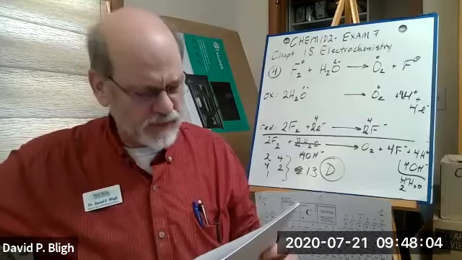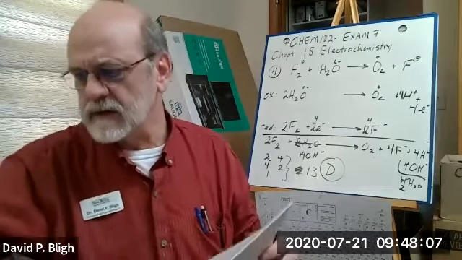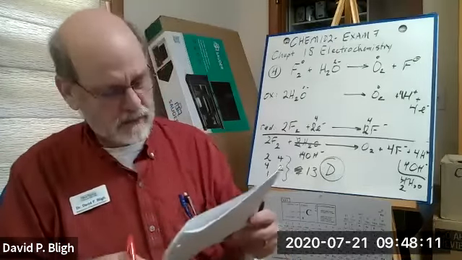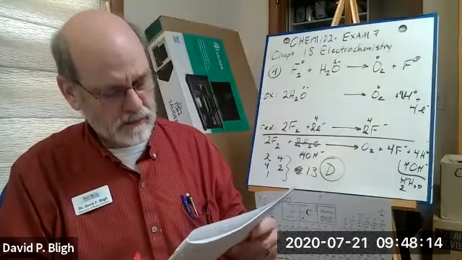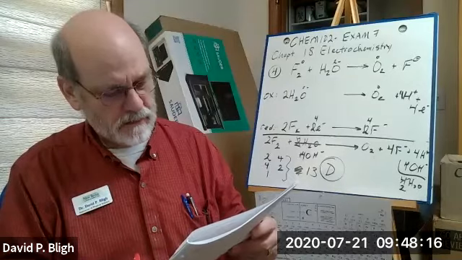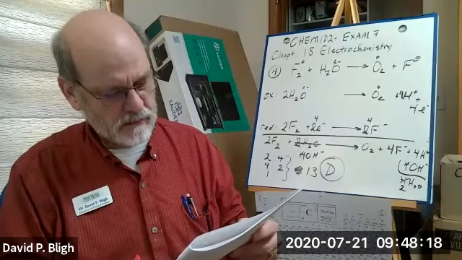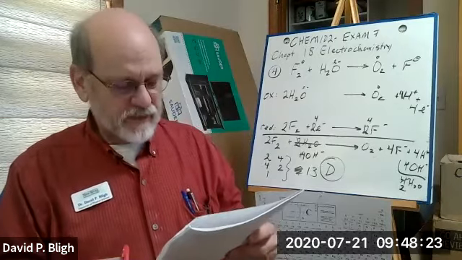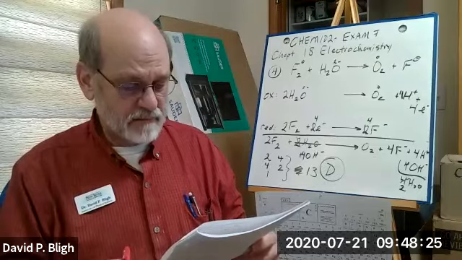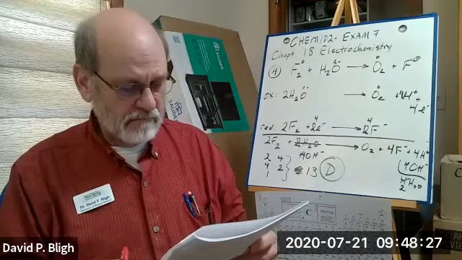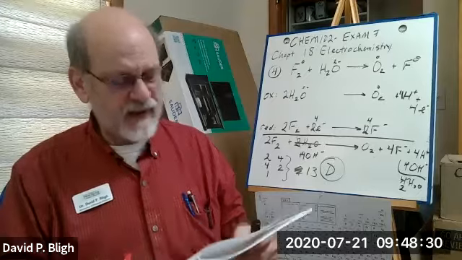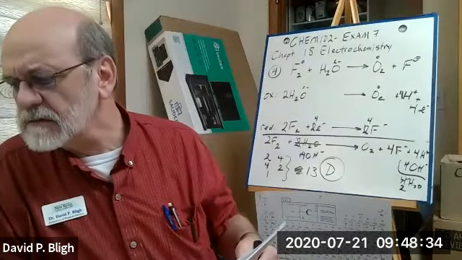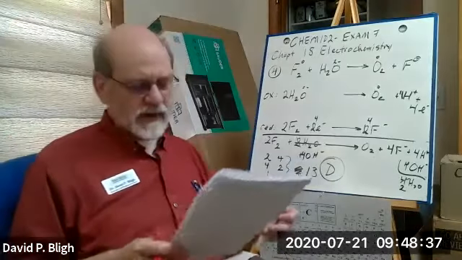We can come back to those others if we need to. Seven is just identifying half reactions. Maybe we ought to do that one. That one looks like it might have a glitch in it.